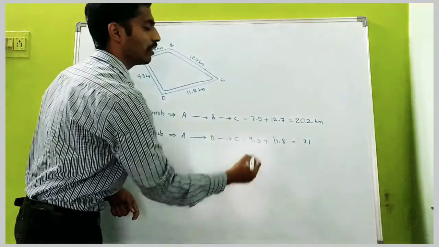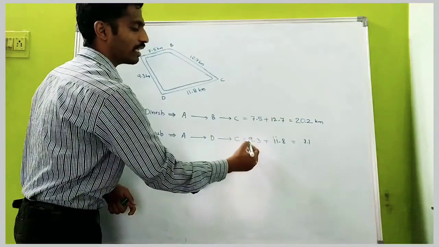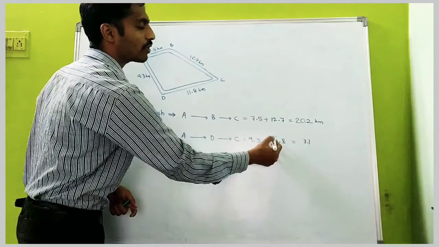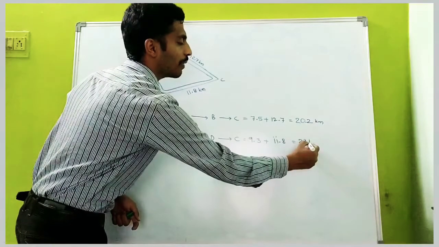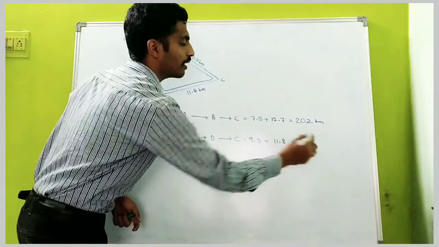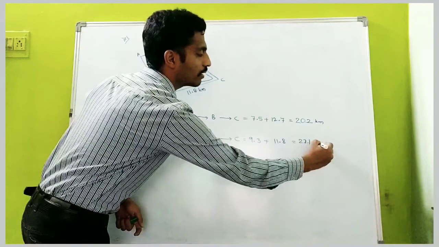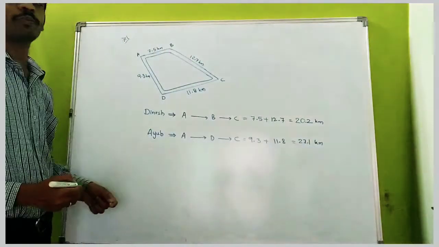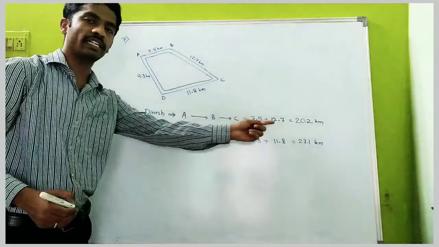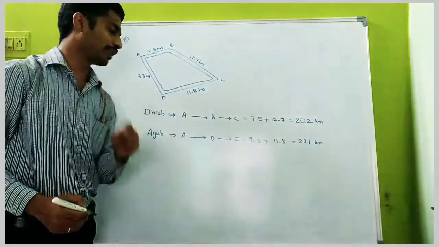Again carry 1. Here tens place is 1, 1 plus 1, 2. So he traveled 21.1 kilometer, and Dinesh traveled 20.2 kilometer.